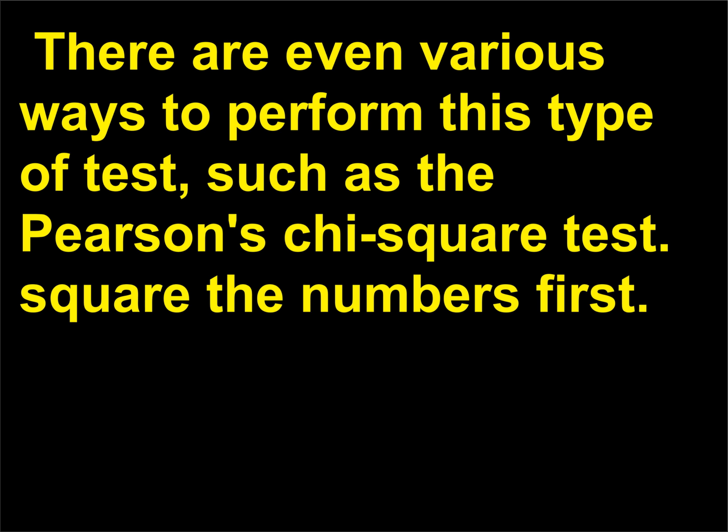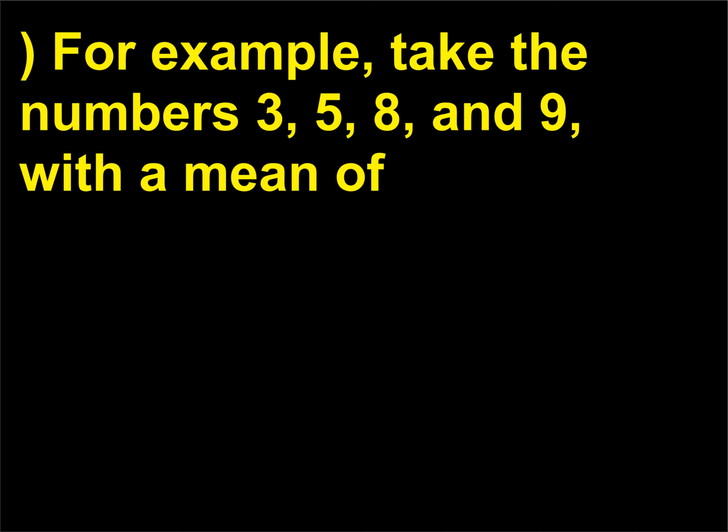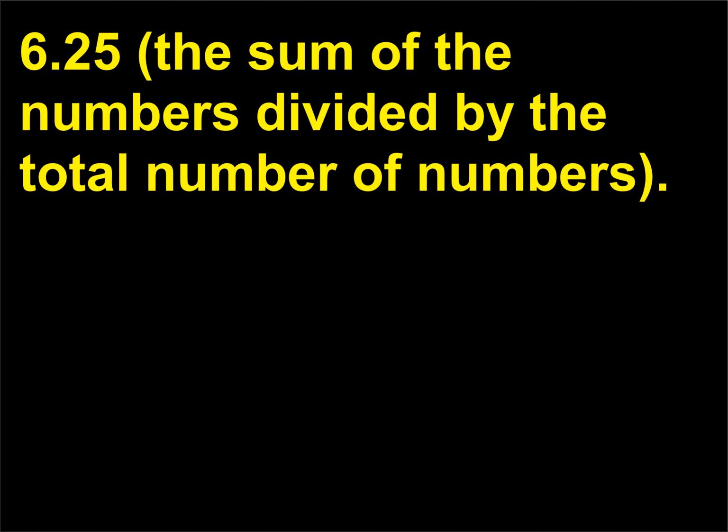Note, taking the square root of the variance gives the standard deviation. For example, take the numbers 3, 5, 8, and 9, with a mean of 6.25, the sum of the numbers divided by the total number of numbers.